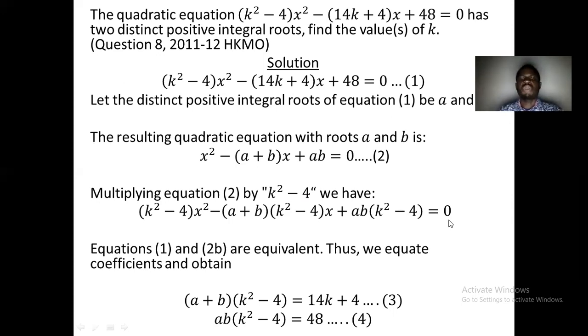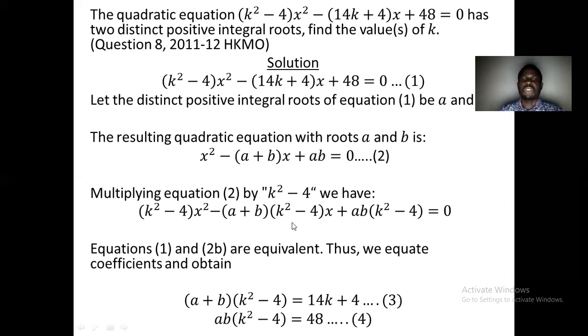Now, if you observe, the roots of equation 1 were said to be a and b, and the roots of equation 2, which we have modified, are equally a and b. The leading coefficient of equation 1 is k^2 - 4, and the leading coefficient of our modified equation 2 is equally k^2 - 4. So that means equation 1 and equation 2 are equivalent, so we can equate coefficients.